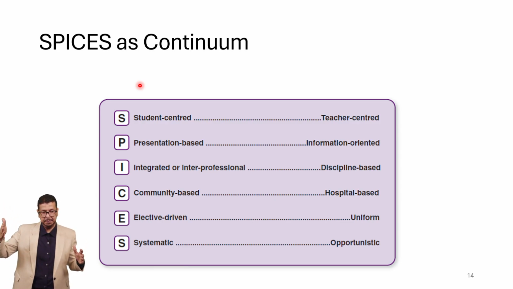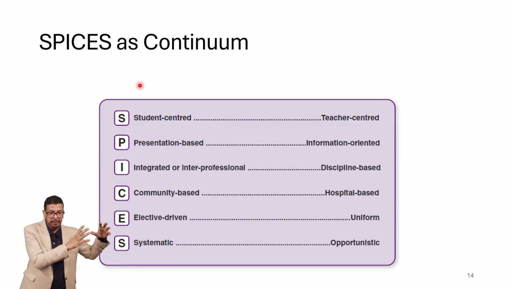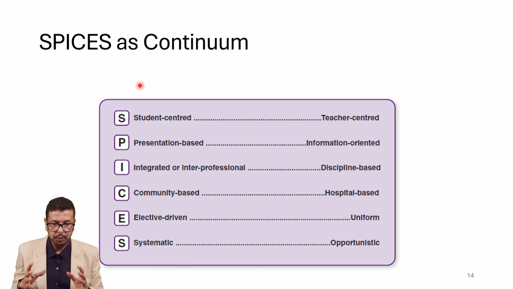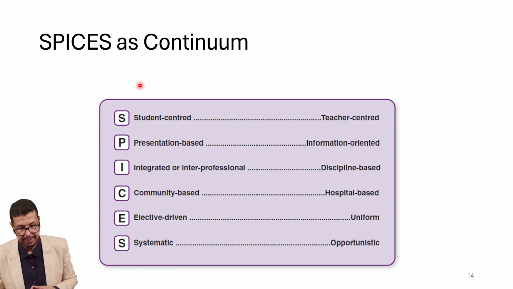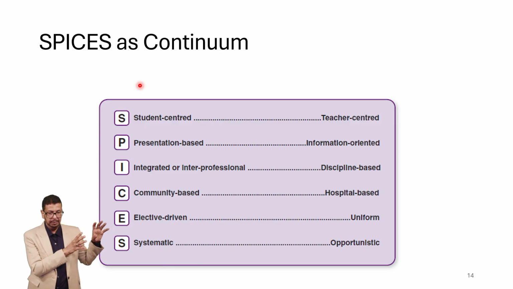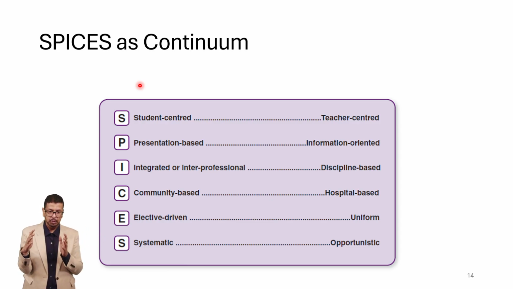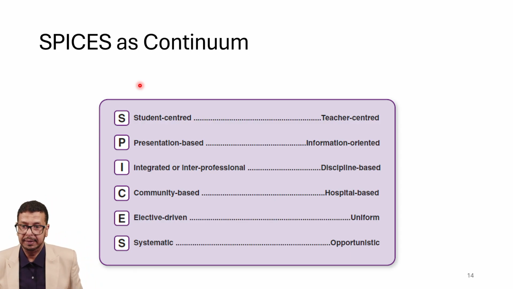At the left side here is SPICES, and the right side is the classical or the old approach. It's very important to do this mapping and to decide at which level of this SPICES is needed. We cannot criticize the right side at all. We need some sort of lectures, apprenticeship models, and so on. However, we need to focus on the student-centered approach and the authentic learning approach.